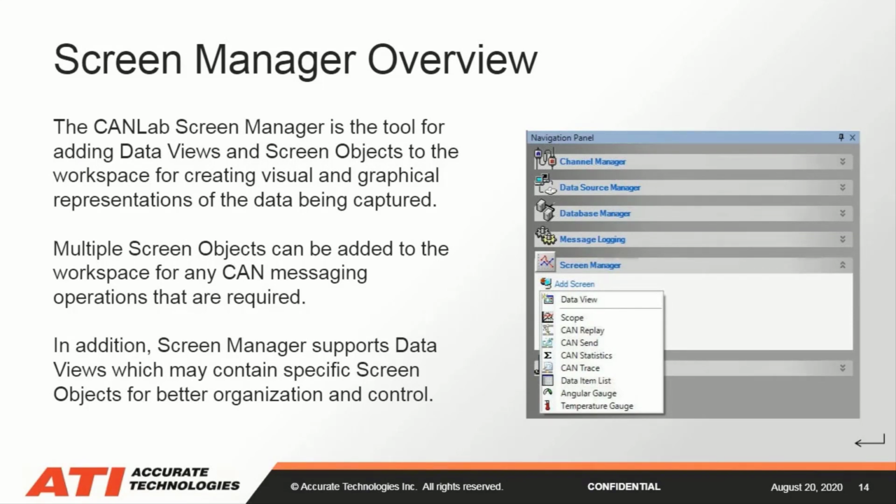So you can come in here and add scopes and replay and send windows, statistical windows, gauges, data item lists. So you get the ability to at any time add or remove graphical representation of the data that you're sending or receiving in the CANLab workspace.